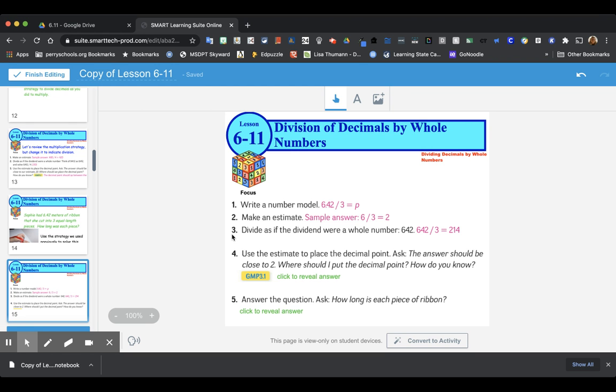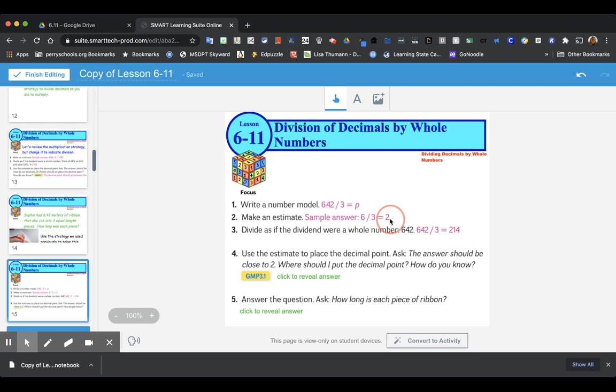Well, we know that each piece is not 214. So using that estimate of 2, we want to figure out where would we put our decimal here? Would we put it after the 4, between the 1 and the 4, between the 2 and the 1, or before the 2?